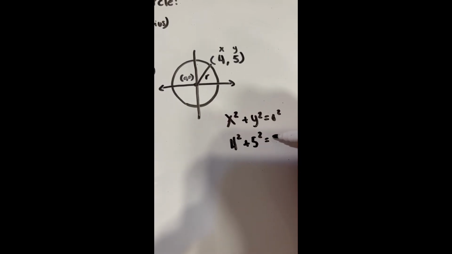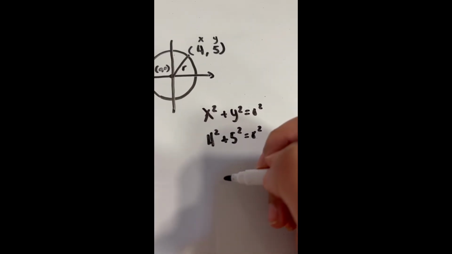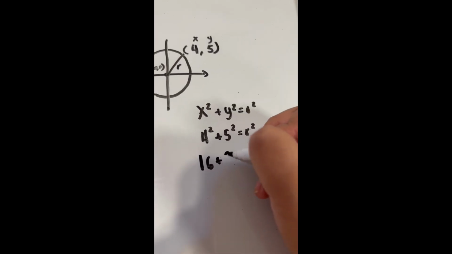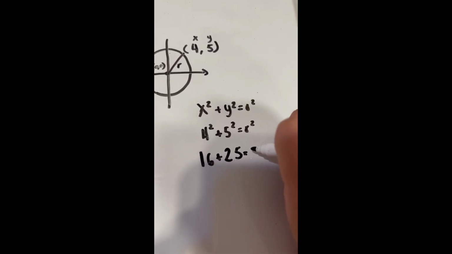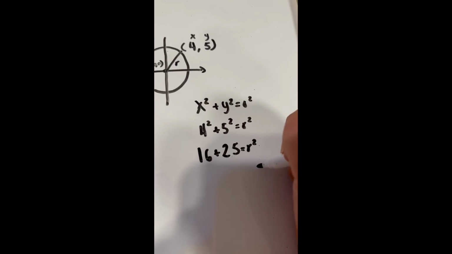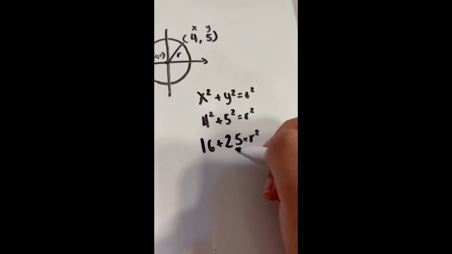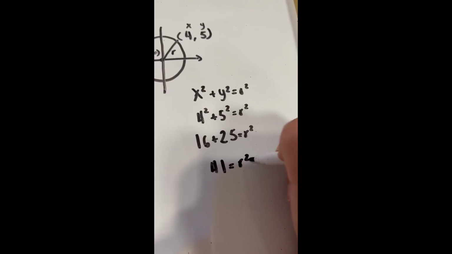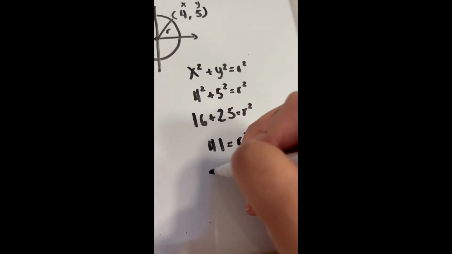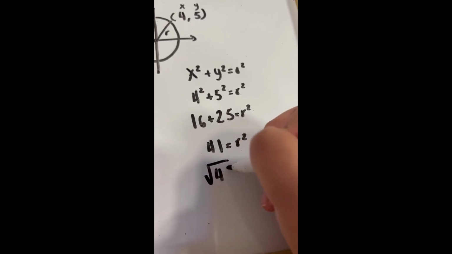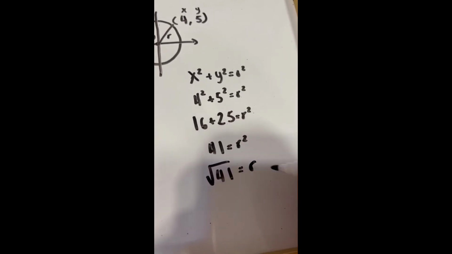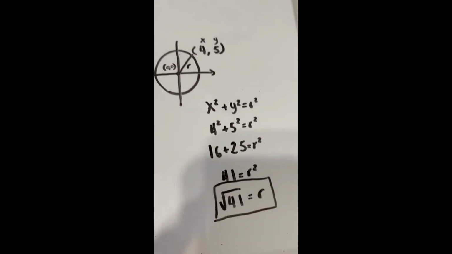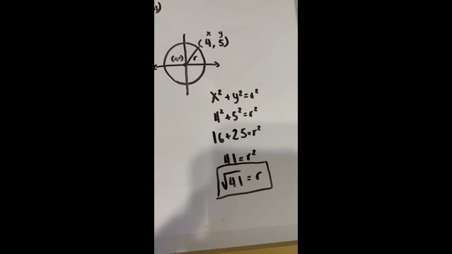So 4 squared plus 5 squared equals r squared. And now we're just going to solve for r. 4 squared equals 16, 5 squared equals 25. We're going to be adding these two numbers to give us 41 equals r squared. And now we need to square root it in order to cancel out that square that the r had. Therefore, r, or our radius, equals the square root of 41.